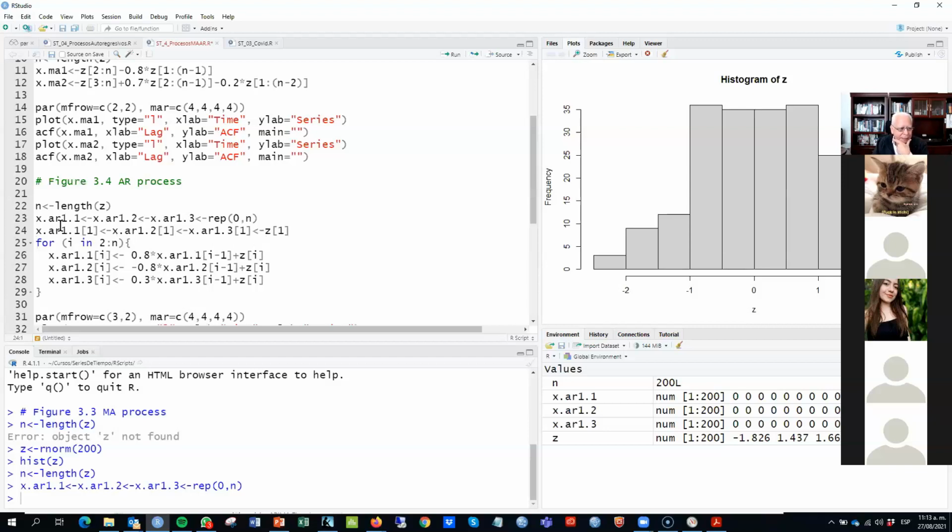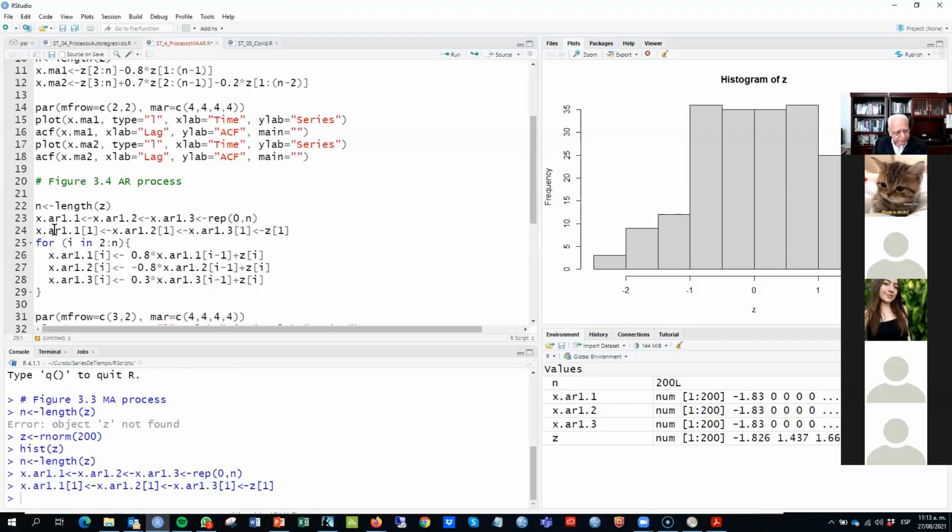I sort of shorthanded this. I am assigning z of 1, the first random number, to the first observation of each model, so AR1, AR12, and AR13 have the same initial observation.